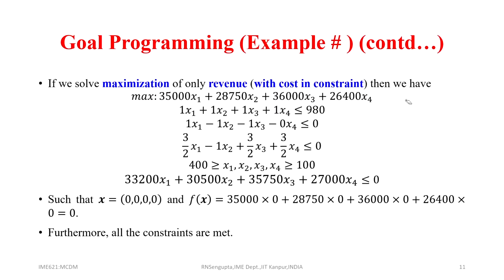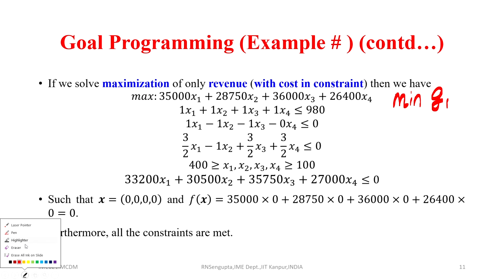So, if I write it, it is now minimization of G1, because G1 was the minimization as per the nomenclature which you are using.